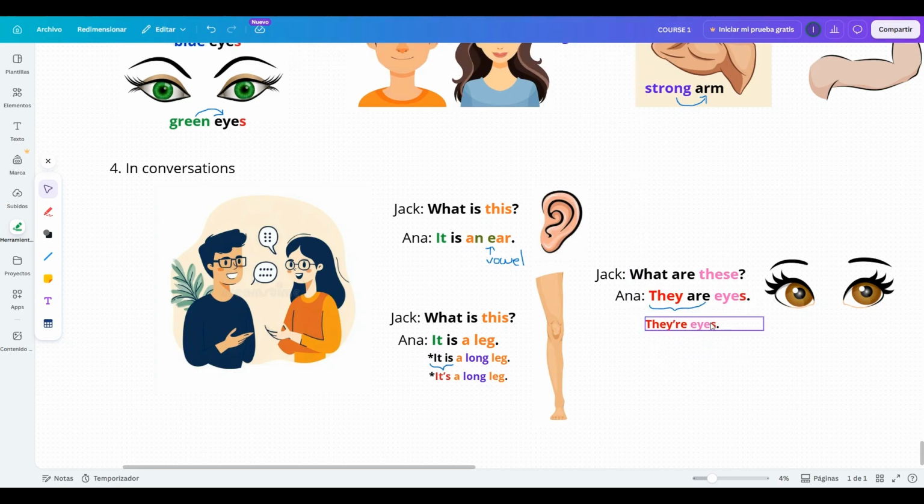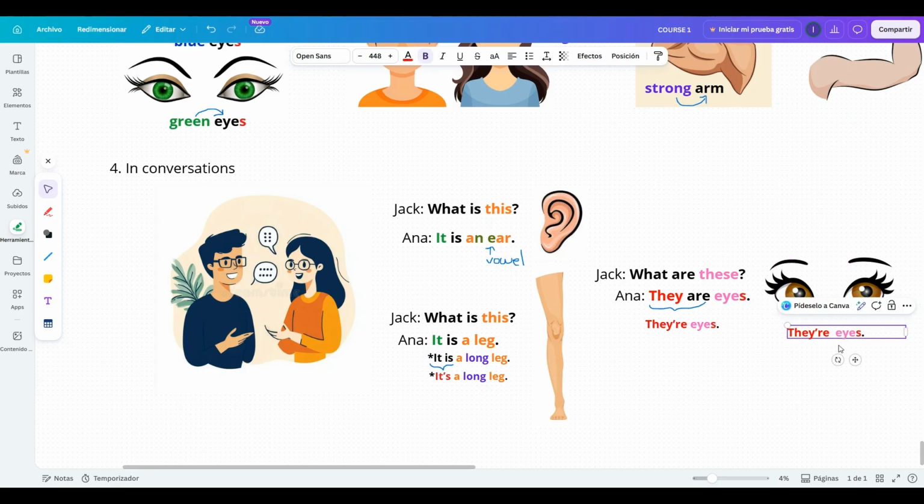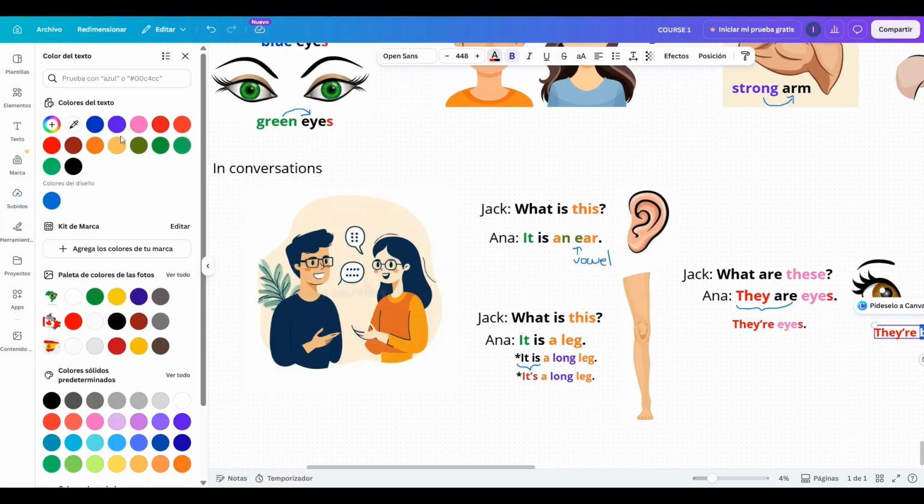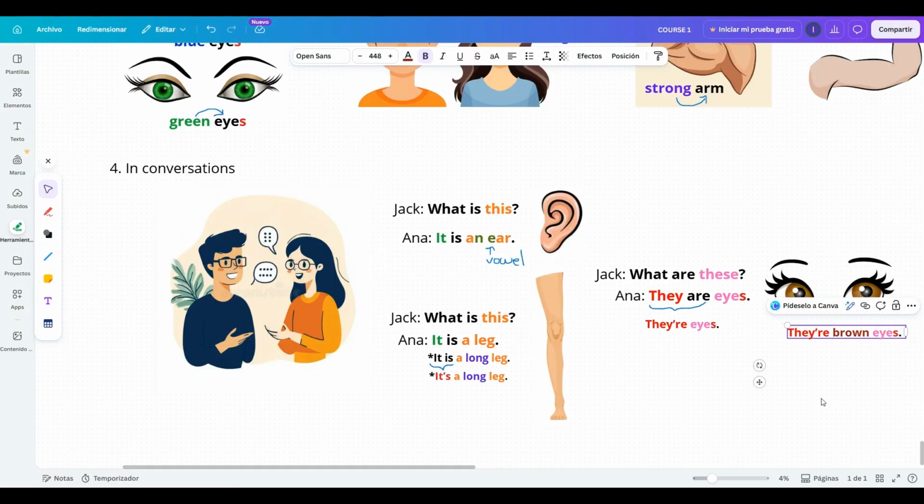And what about the colors, teacher? Colors. Of course. We say their brown eyes. Their brown eyes.